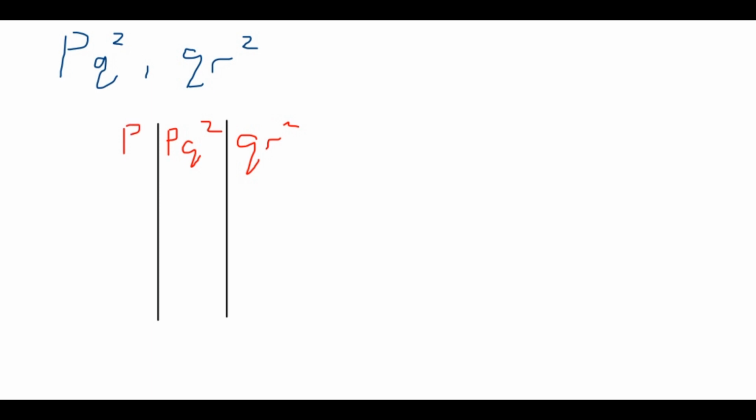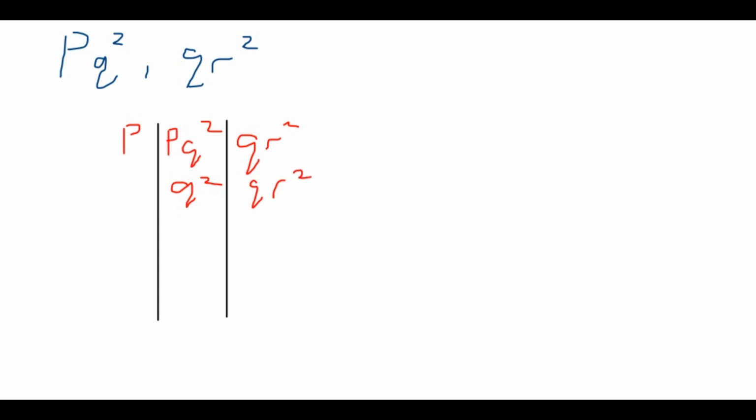Now if P divides, P will cancel out here, and you'll be left with Q squared, or 1Q squared. And since there is no P here, we just bring down QR squared.